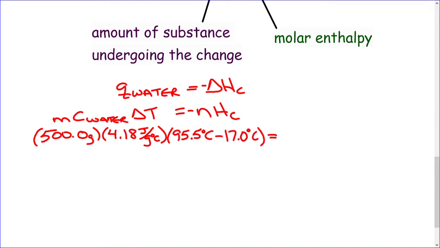That's going to equal negative n, what we're trying to solve for, times our Hc value, 2,240 kilojoules. Remember, that's being burned off, so this value is negative 2,240 kilojoules per mole. So right away we can see our negatives are going to cancel right out.